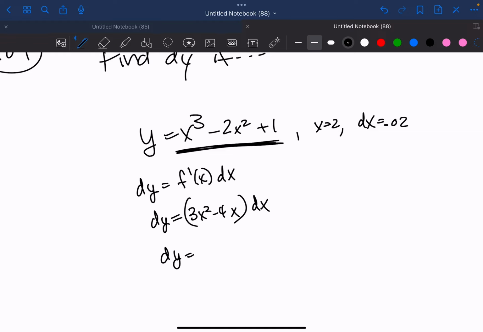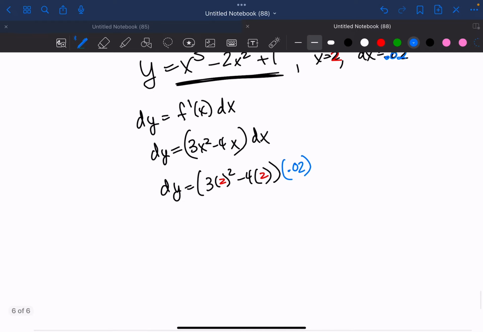But if x is equal to 2, that means I have 3 times 2 squared, minus 4 times 2, and dx is equal to 0.02. And so you end up multiplying all that together, and you get that dy is equal to 0.8.